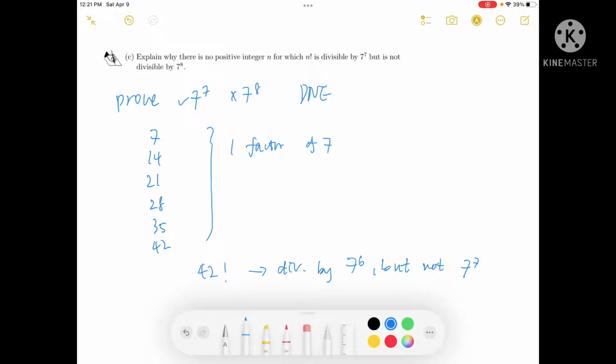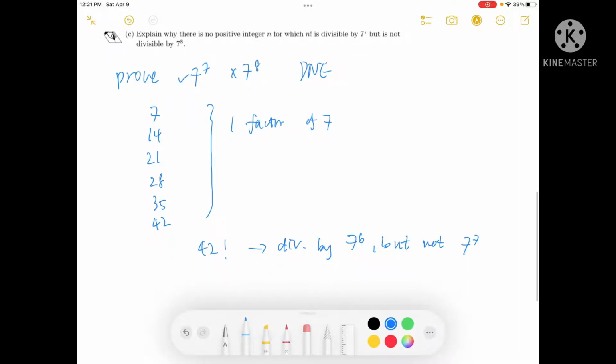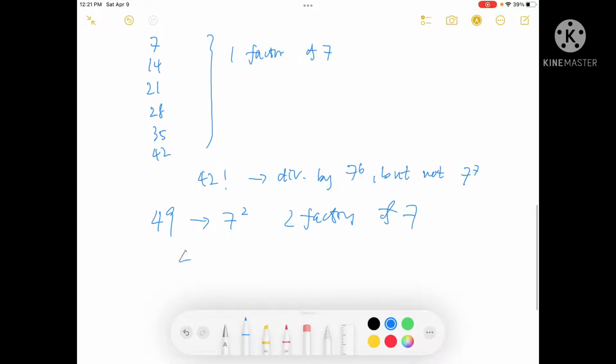Note that 7 is a prime number, so only multiples of 7 can contribute factors of 7. The next multiple of 7 is 49, but 49 is equal to 7 squared, so it will contribute 2 factors of 7.